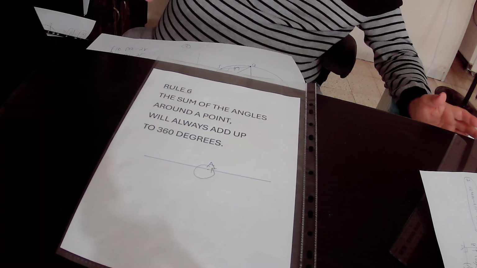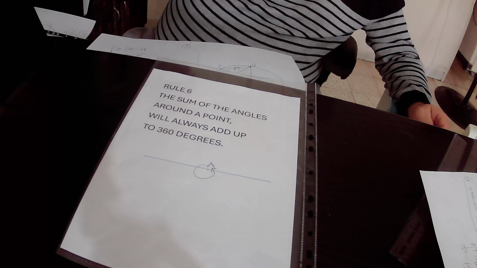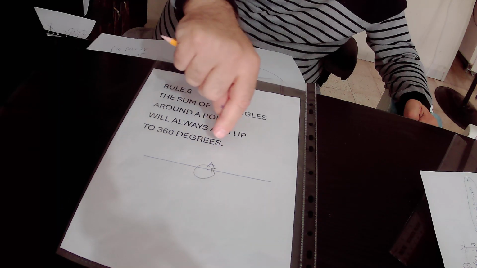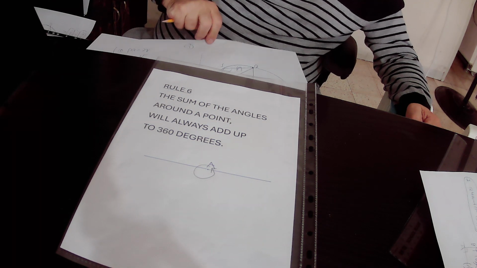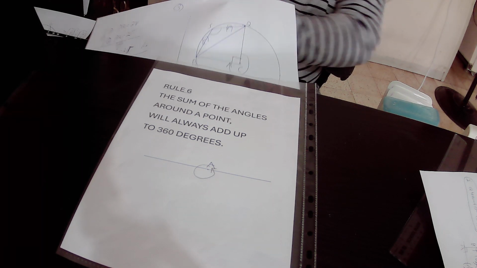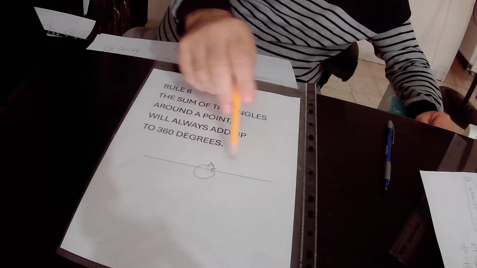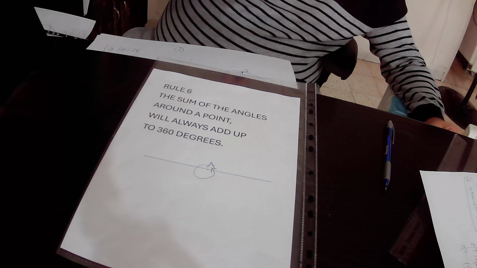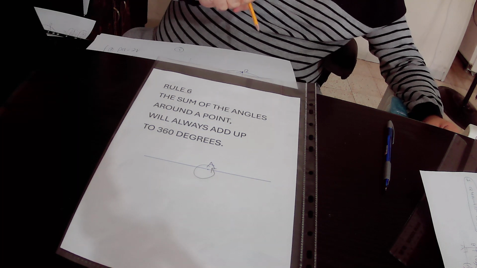Okay, so in the drawing we have this point A, and according to rule number 6, the sum of the angles around point A must be equal to 360 degrees. In order to prove that this rule is true, I drew this straight line. This straight line passed through point A. Now we can implement here rule number 3. According to rule number 3, the sum of the angles on one side of a straight line is equal to 180 degrees.